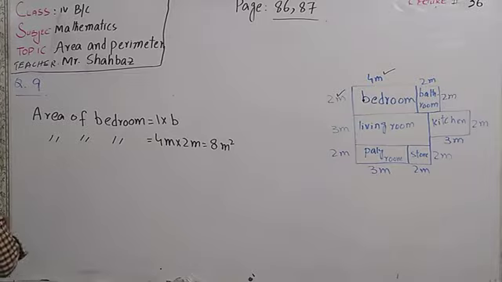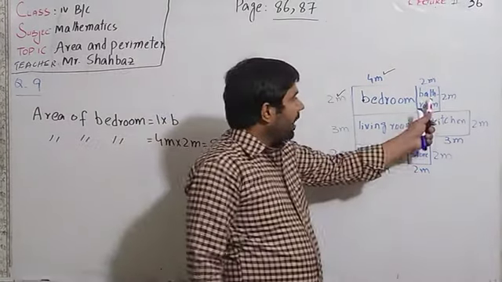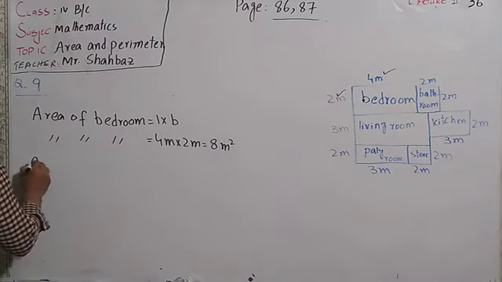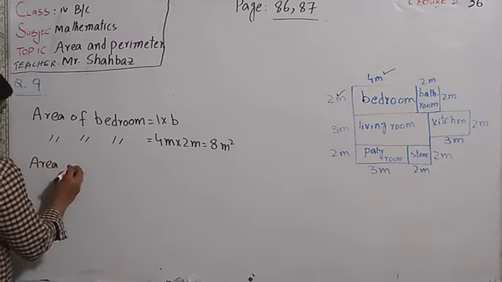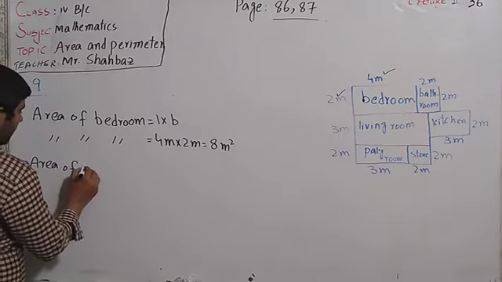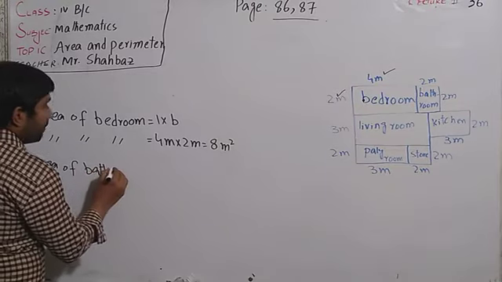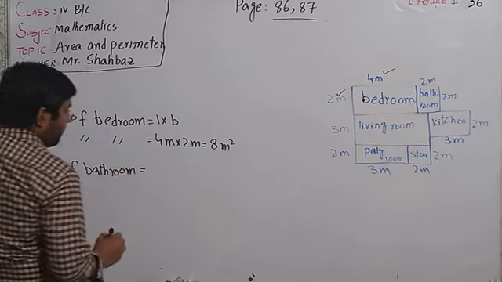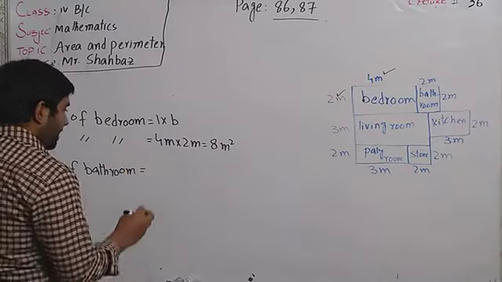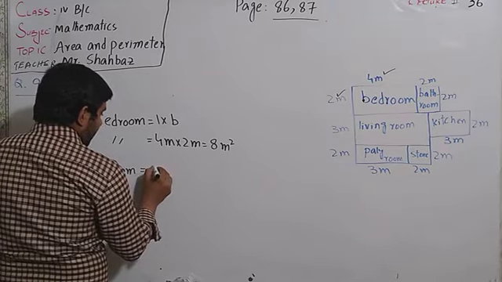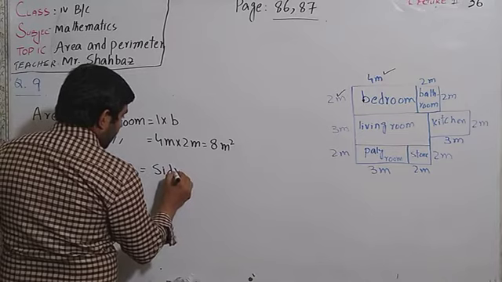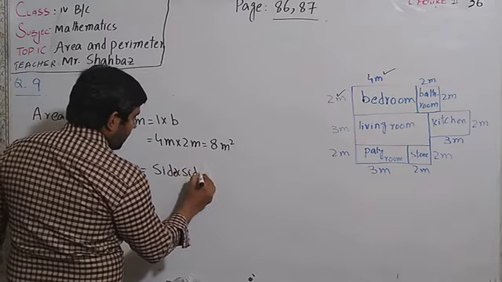Now we have to find the area of bathroom. Bathroom is a square shape. Area of bathroom: in area of square we multiply side with side.